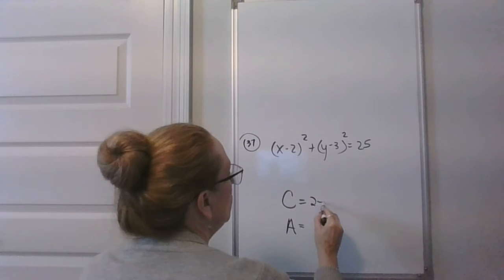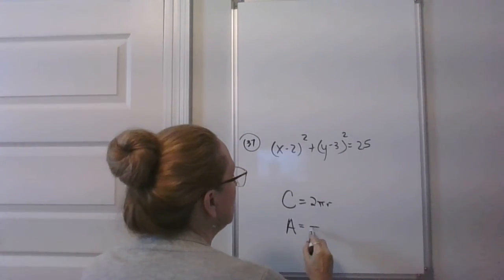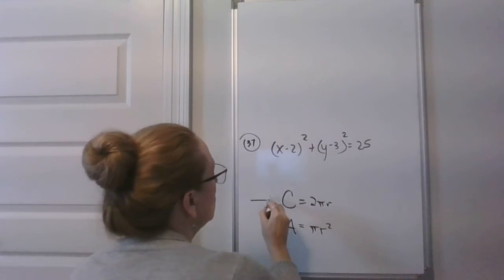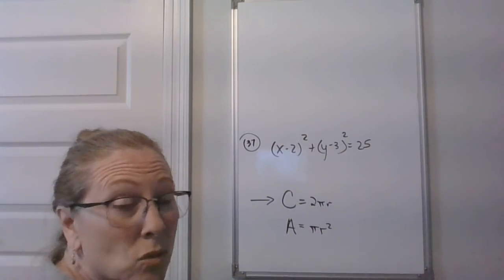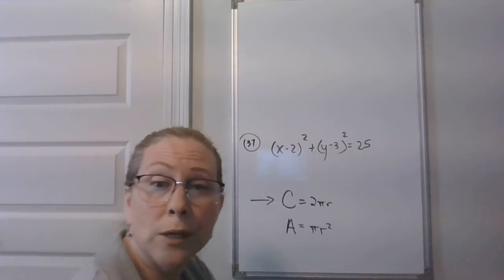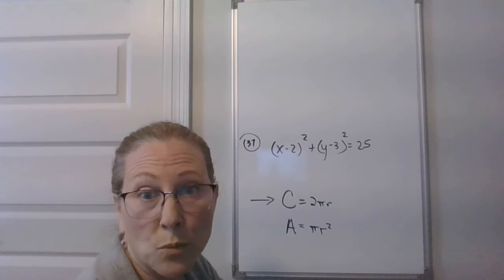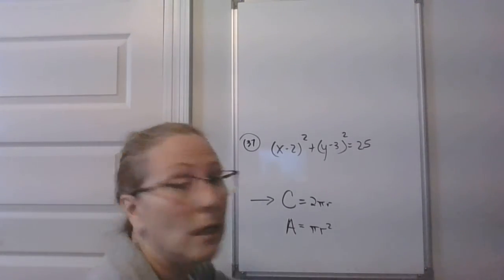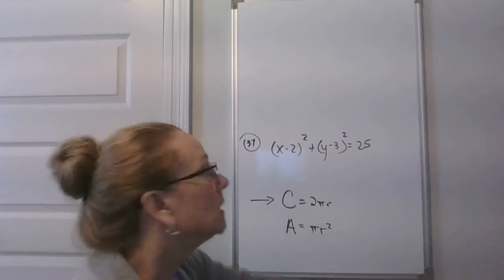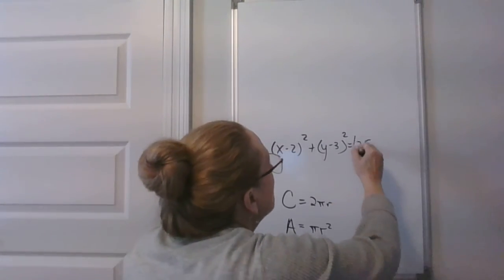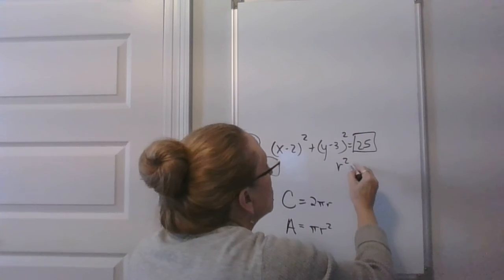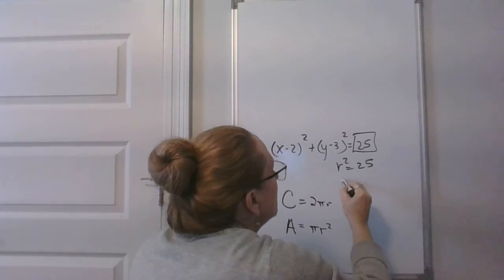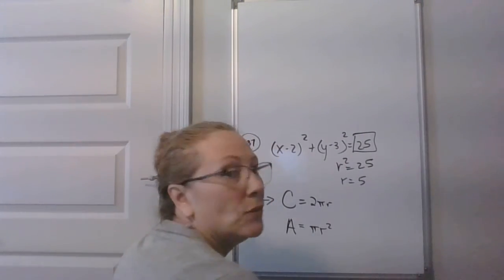Well, circumference is 2 pi r, and area is pi r squared. This is the one I asked for in the problem, but I'm just throwing in area because you never know on the test whether it's going to be a circumference problem or an area problem. But no matter what, you're going to need the radius. So where do we find the radius? Here. The radius squared is equal to 25. So the radius is 5.